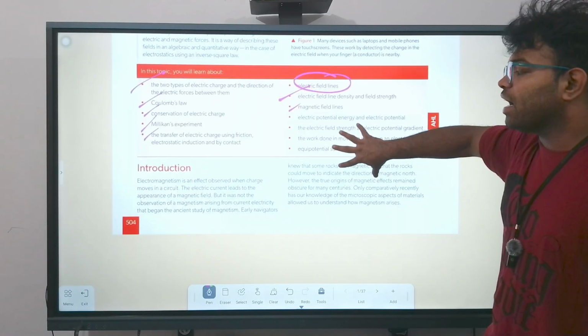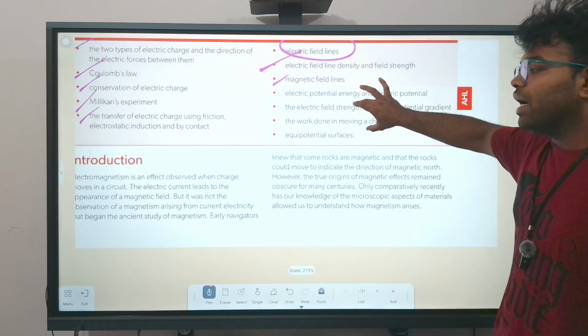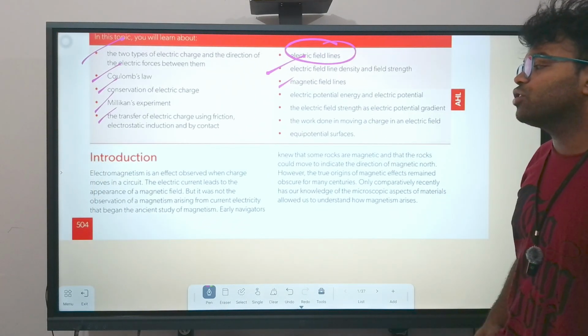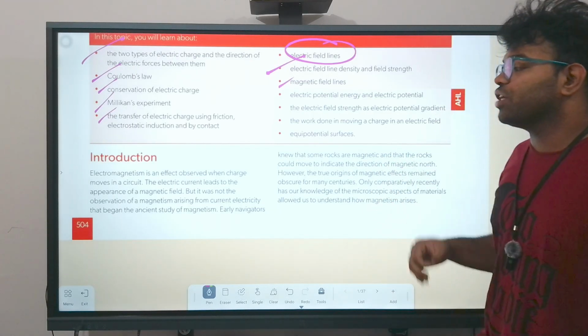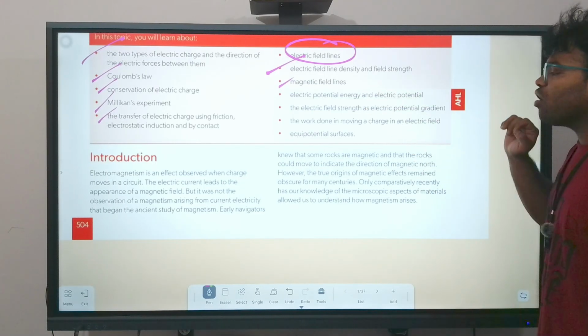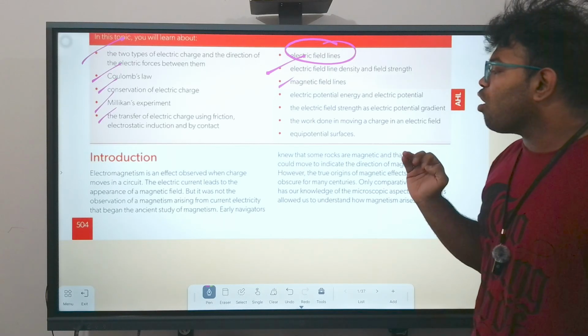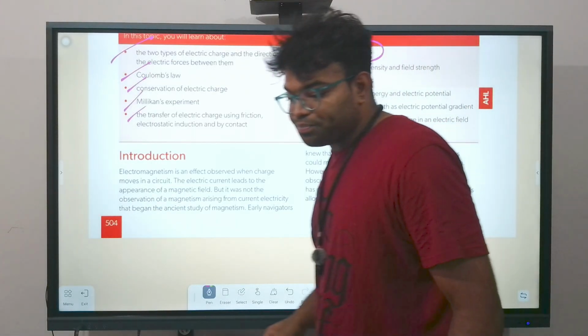The electric current leads to the appearance of a magnetic field, but it was not the observation of magnetism arising from the electric current that began the ancient study of magnetism. Early navigators knew that some rocks are magnetic and that the rocks could move to indicate the direction of the magnetic field.